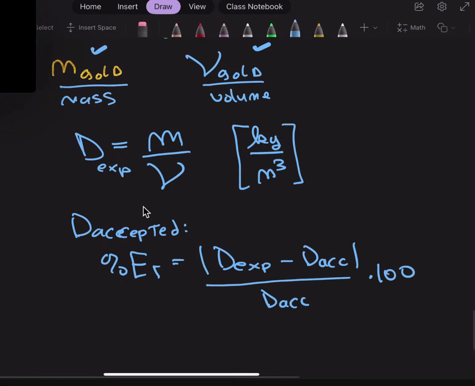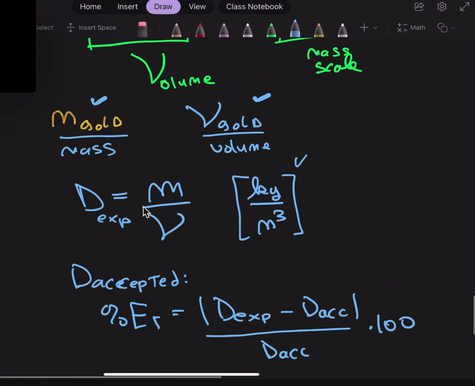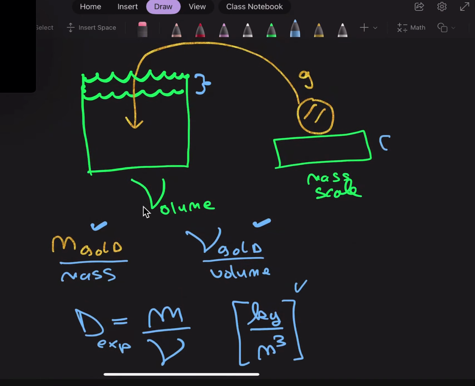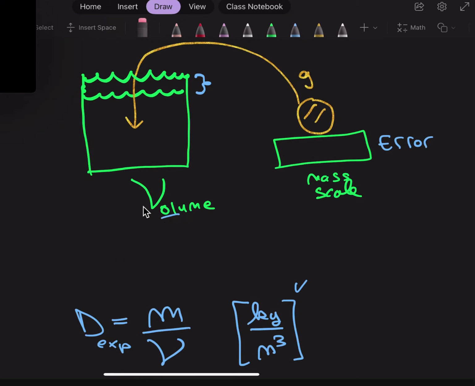So this is a pretty simple lab. The main thing is to make sure that you convert your units properly, and that you record the error of the mass scale and the error for the volume. Let me say one thing here about these errors. For both of these, take the mass scale to be a digital reading.